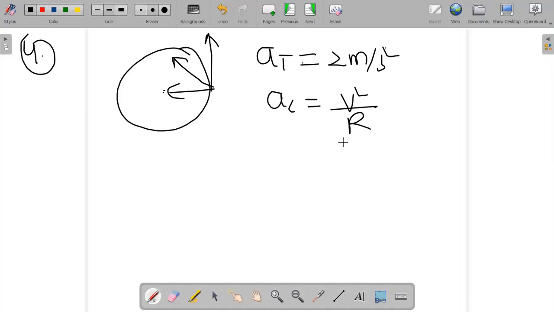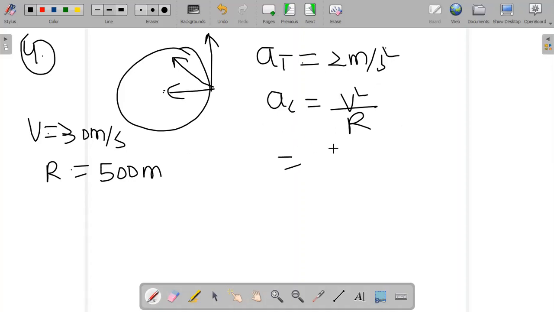So let's see what things are given. We were given velocity 30 meters per second. Radius was 500 meters. So let's calculate centripetal acceleration using this formula. V square is 30 square divided by r, which is 500.